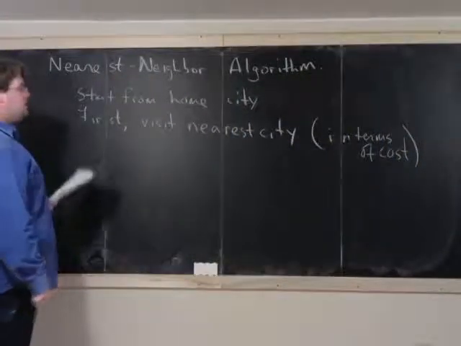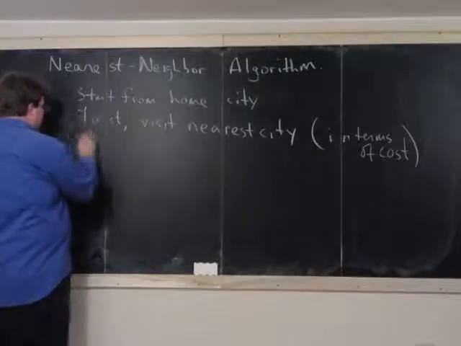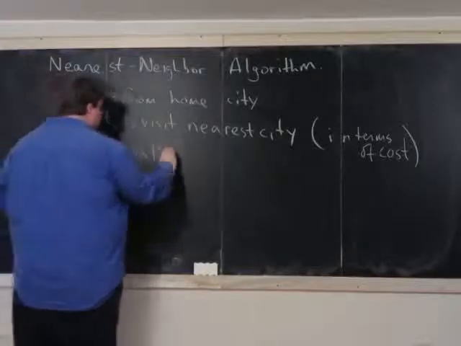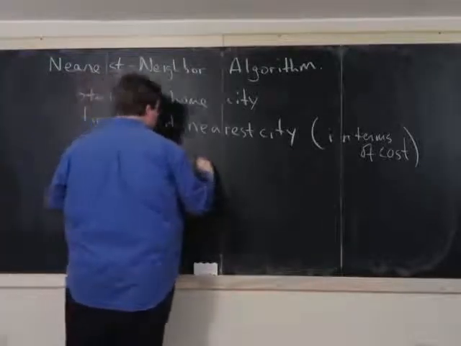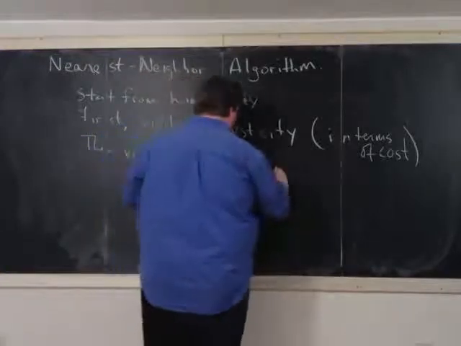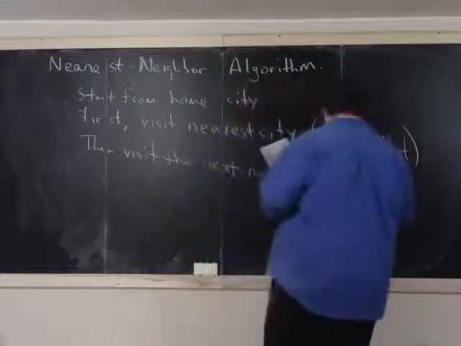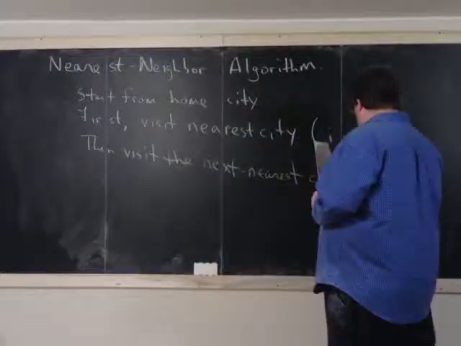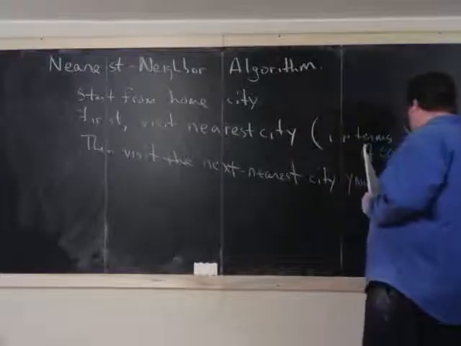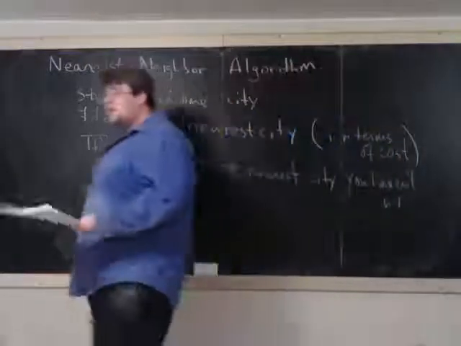Well, then you keep doing that. Then visit the next nearest city that you haven't been to. And then keep doing this until you have the entire cycle.